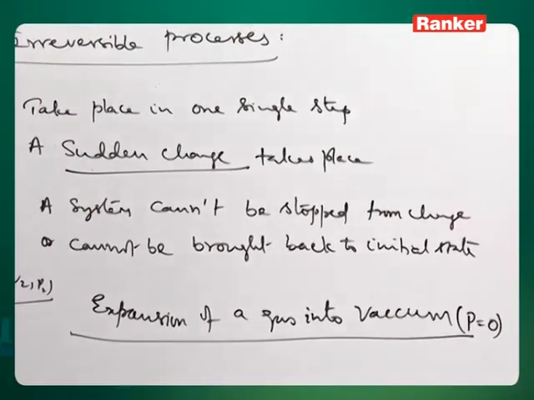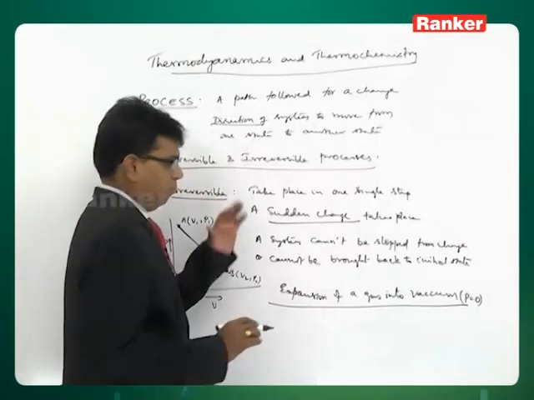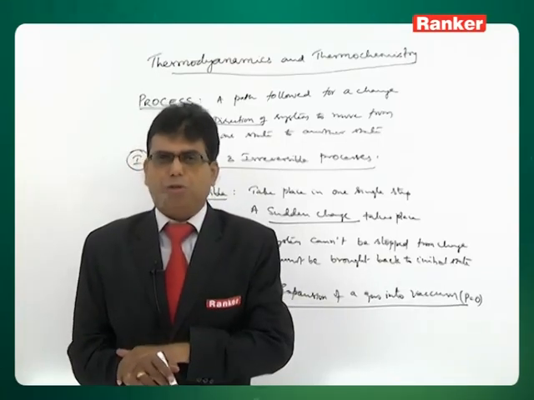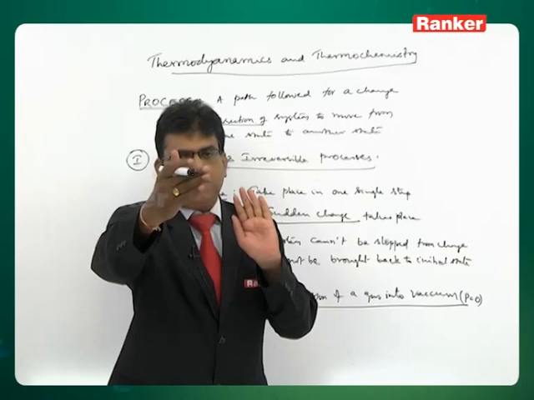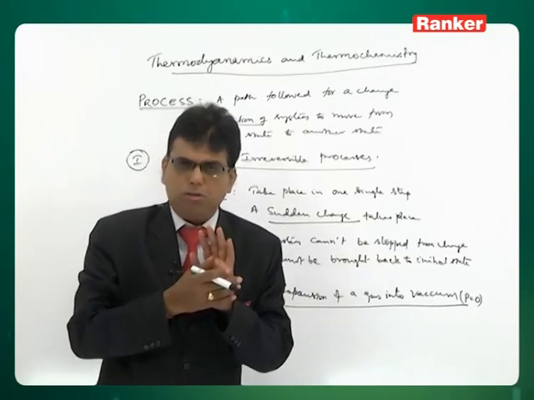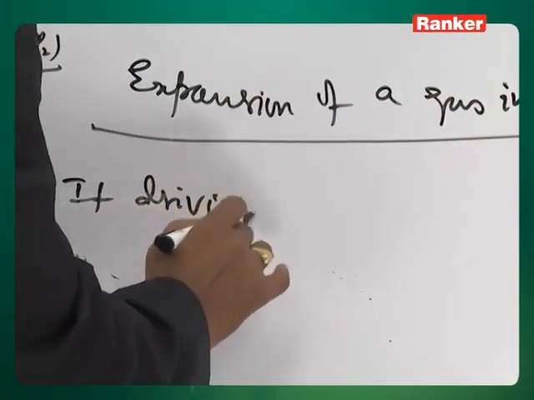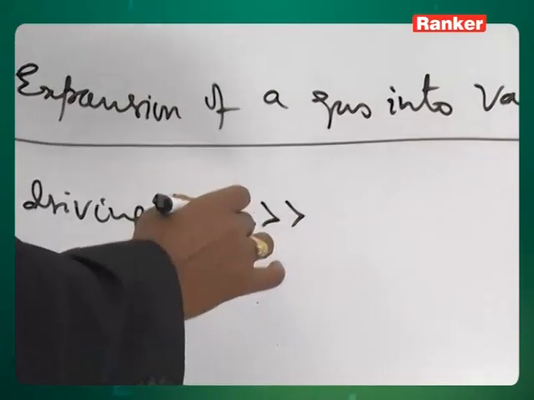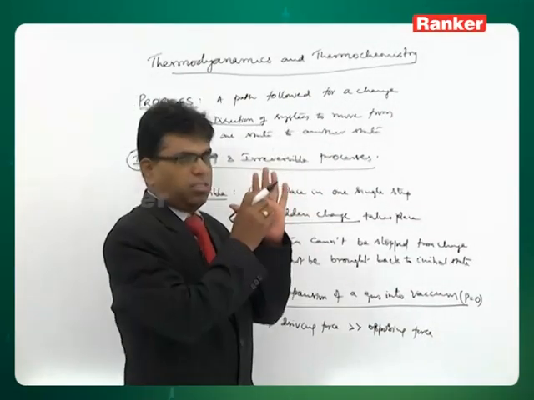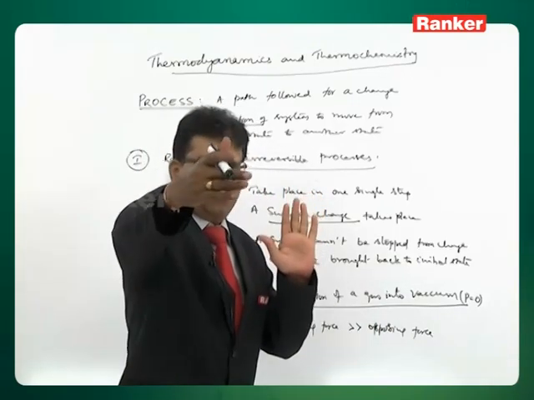And here more technically, if the force that is acting for the system to move in one particular direction is called the driving force, and the force that acts to bring the system back to the same initial state is called the opposing force, then if the driving force is greater than the opposing force, the system will keep moving in the forward direction, but it cannot be reverted back, because the driving force is much higher than the opposing force.